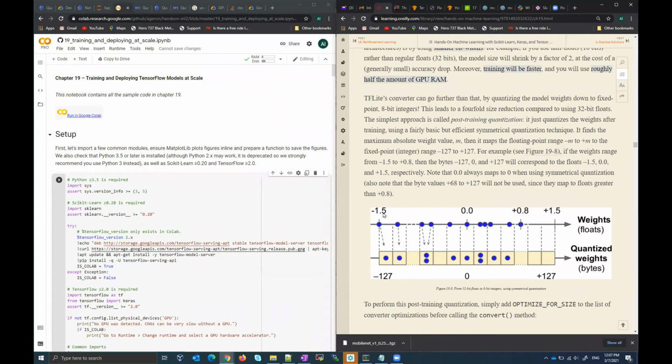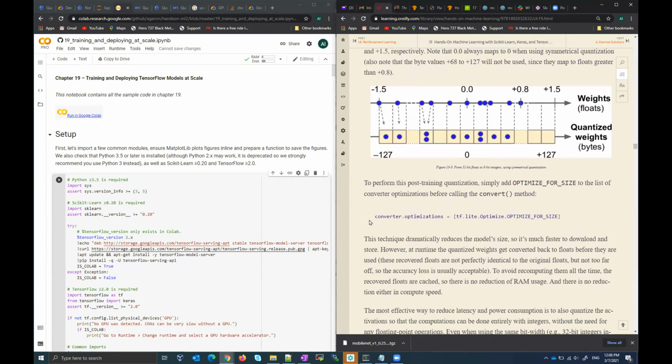And in this case, the range of the floating values goes from minus 1.5 to positive 0.8. So these values on the right will not be used, right? So it only maps starting from the center onto the value that is farthest, right? Okay, so these ranges, we can say they're pruned, right? It's omitted, it's not used.